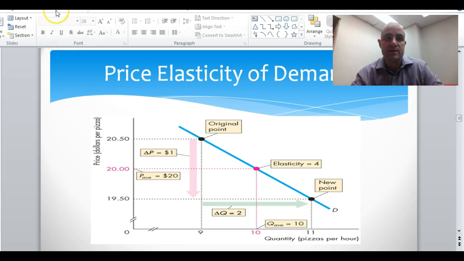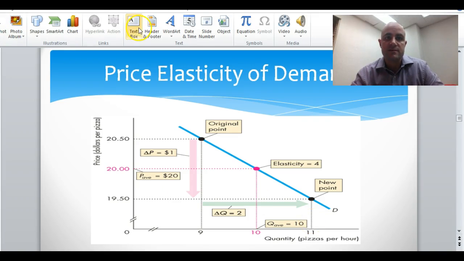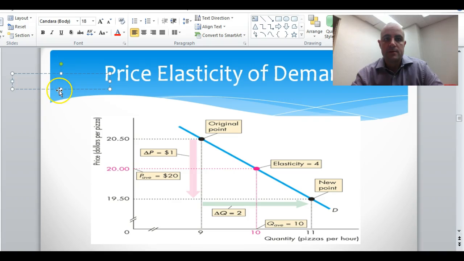Actually, let me do it this way. Let me insert a text box. So we have, again, Q0 minus Q1 divided by Q0 plus Q1.